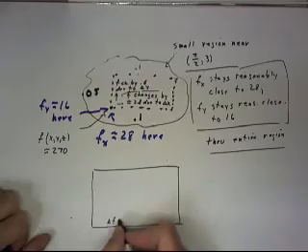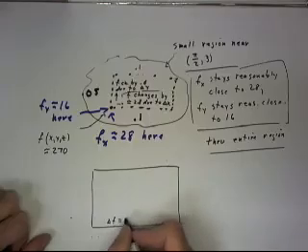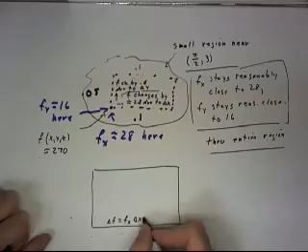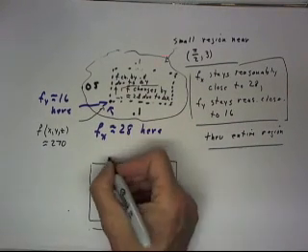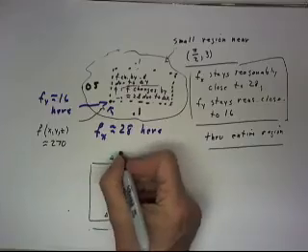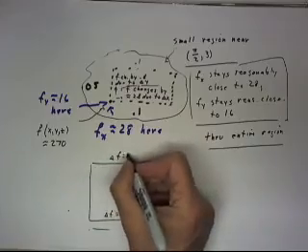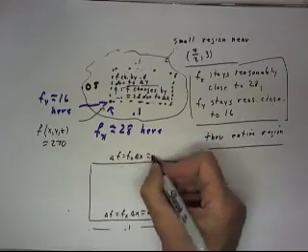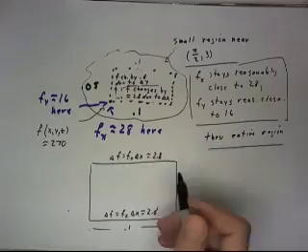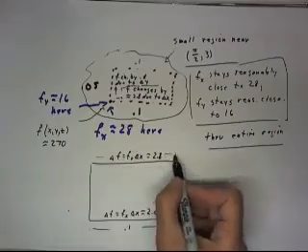Delta F equals fx delta x, which should be about 2.8, where this distance is 0.1. And here, delta f, which is fx delta x, should again be close to 2.8 as we move from here to here.